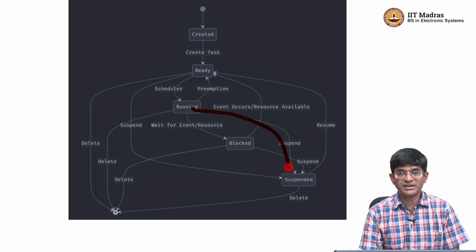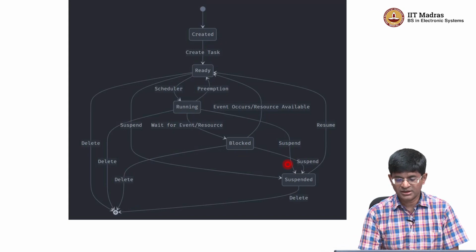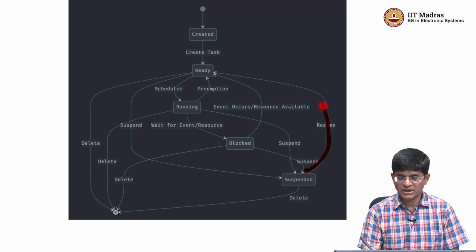And why would that happen? That could be, for example, where the operating system runs out of memory or something else and decides that this particular task need not run, or the task might self-suspend. It might just go into a suspended state and wait for a resume event coming from the operating system in order to take it back to the ready state.